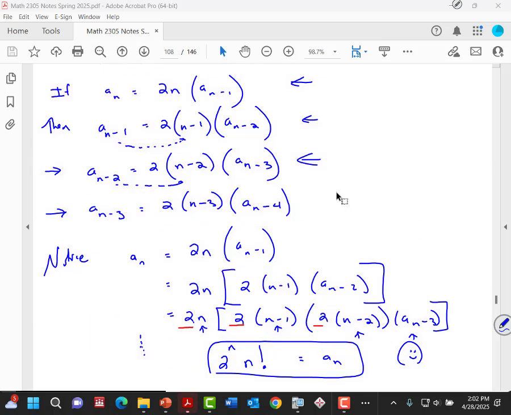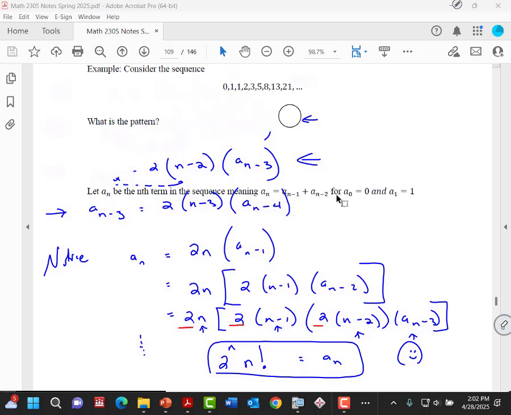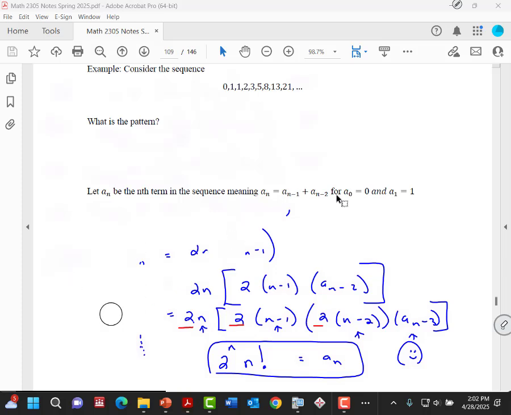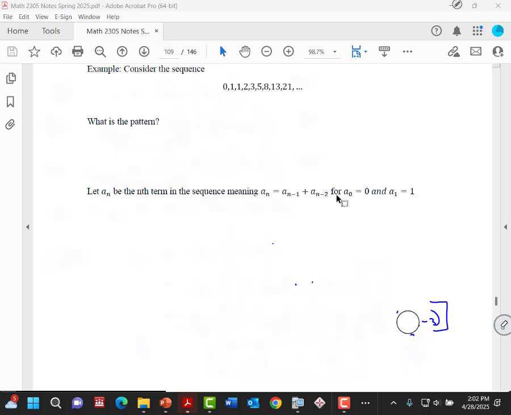Now, let's take a look at possibly the most famous sequence that can be described using a recursive definition or a recurrence relation. So let's take a look. This sequence: 0, 1, 1, 2, 3, 5, 8, 13, 21, etc. Let's look at this pattern.